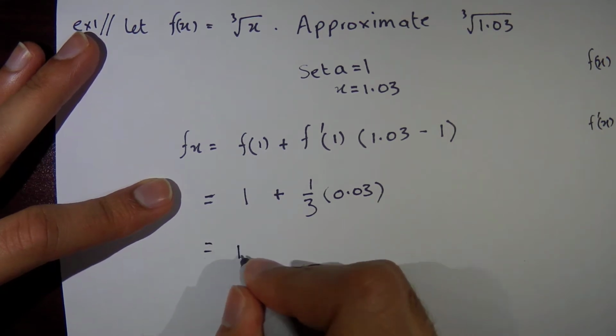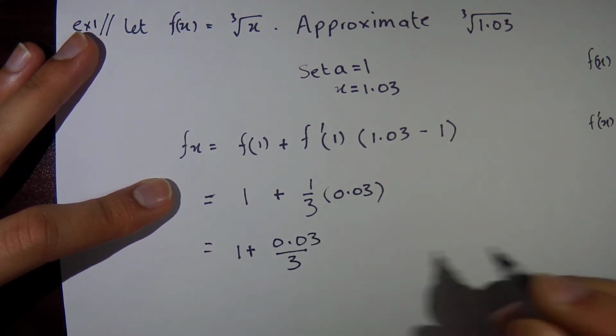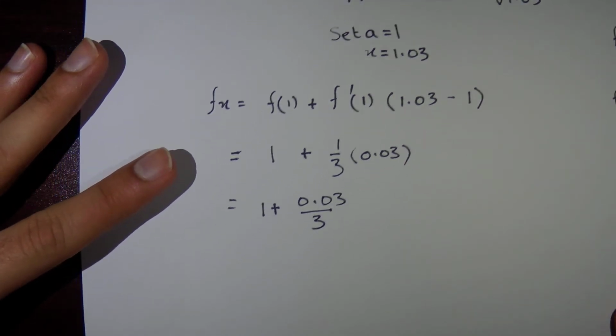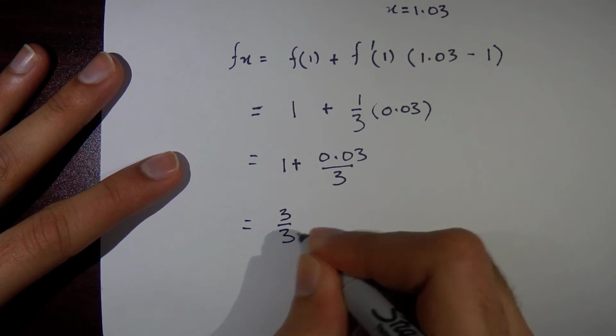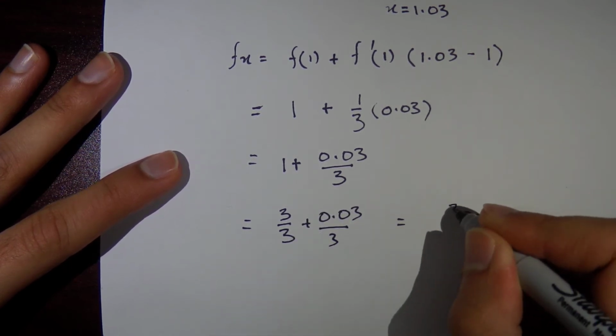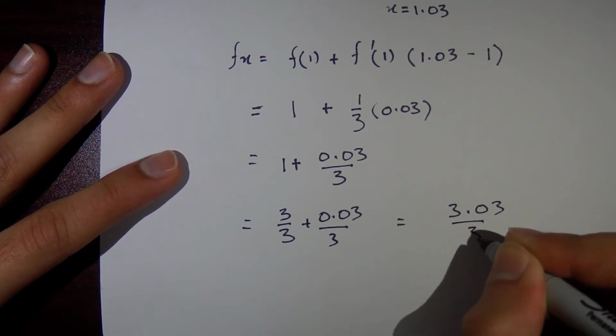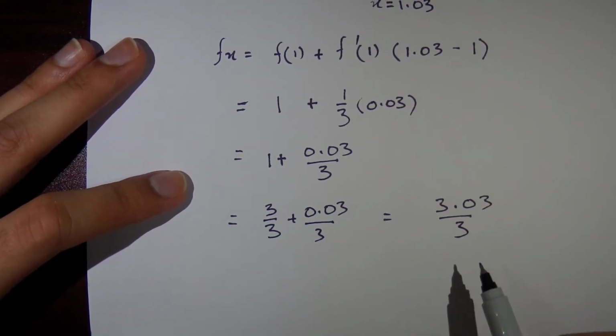Then we have 1 plus 0.03 divided by 3. To get this into one fraction, we do simple addition, which would leave us with 3.03 divided by 3.